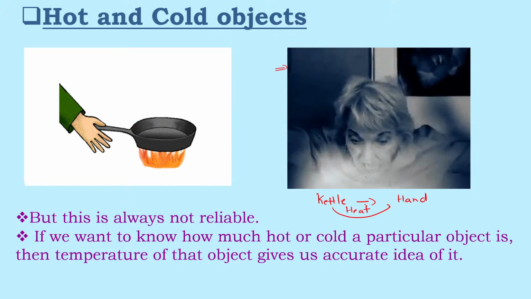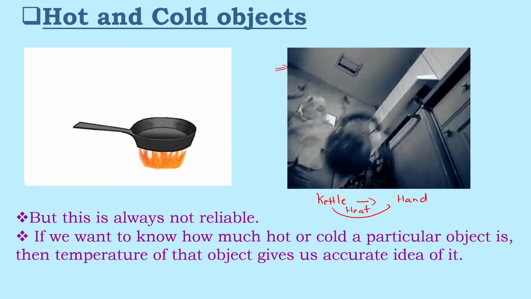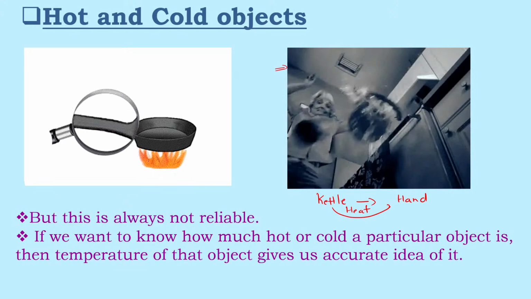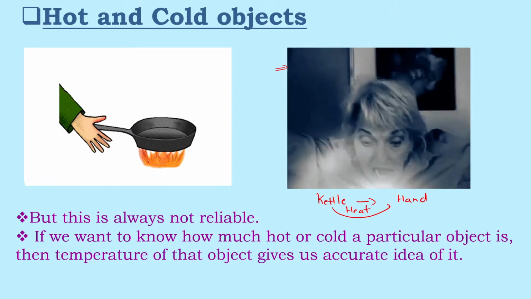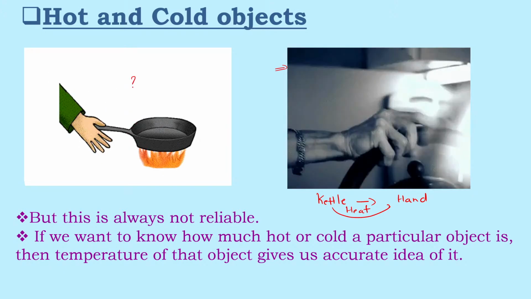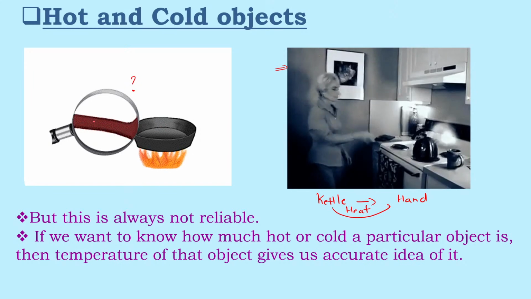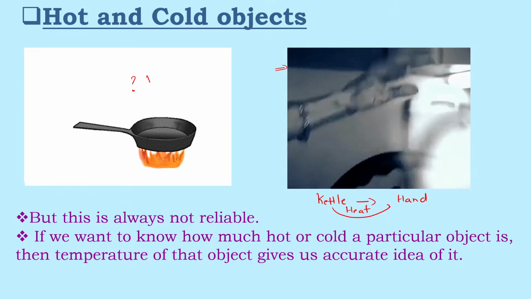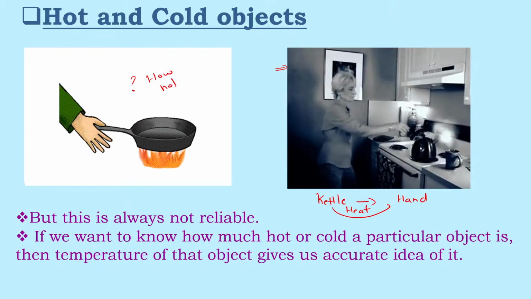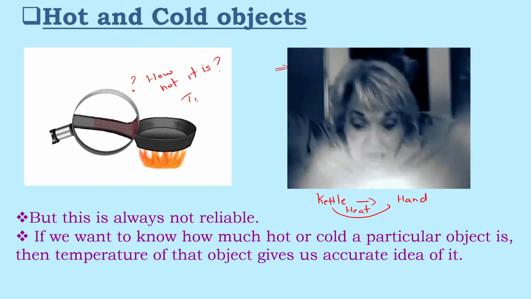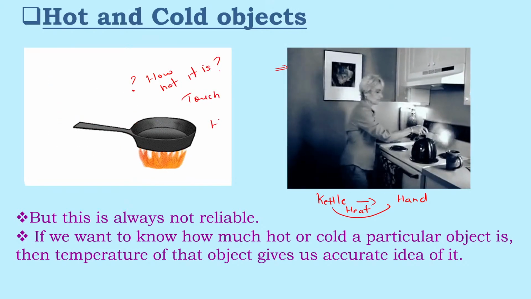So do you think that if I touch any particular object, I should check whether it is hot or not? You are going to end up hurting yourself. When you touch any hot object and try to feel how hot it is just by touching, you're going to hurt yourself.